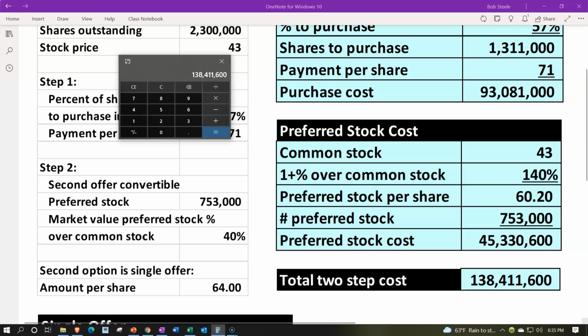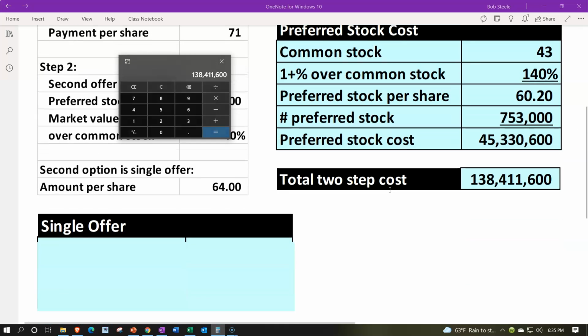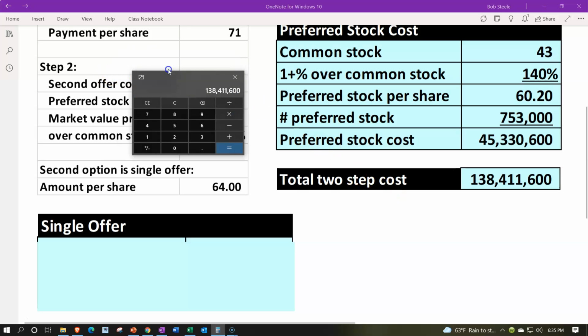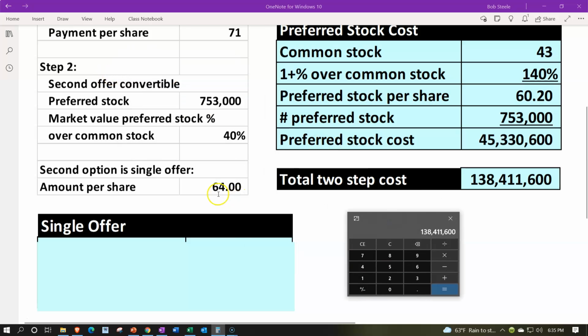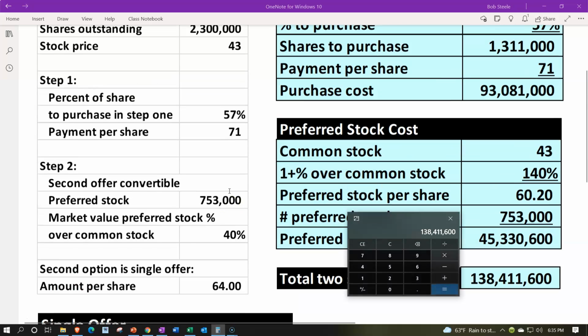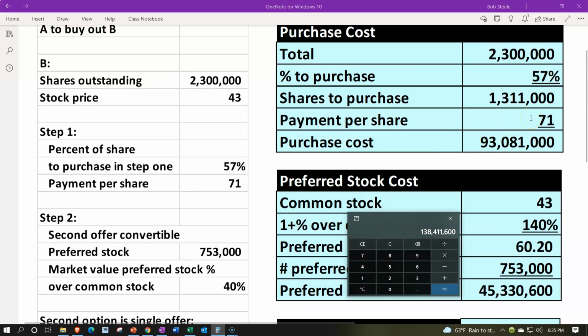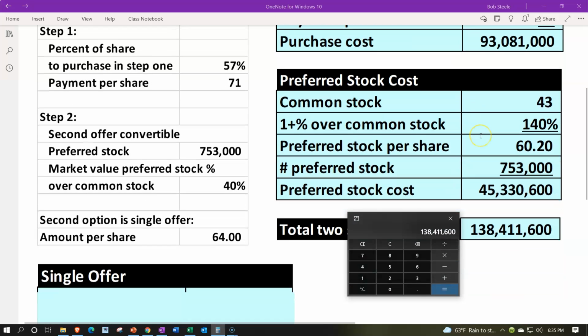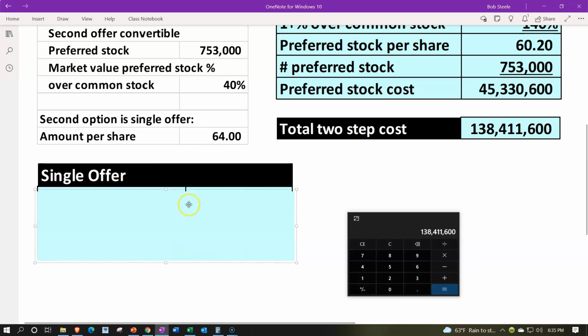If we add those two steps together, that plus step 1, which was 93,081,000, gives a total of 138,411,600. If we compare that to the one-step process where they simply offer the $64, the $64 being less than the step 1 $71 for 57% of the shares, but then we also have the preferred stock offer. So let's math this out.